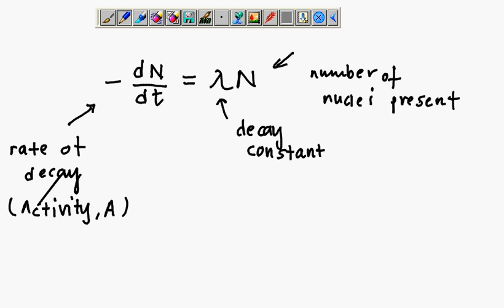So it shows that this rate of decay is directly proportional to the number of nuclei present, right? So from here we want to do some mathematical proof.